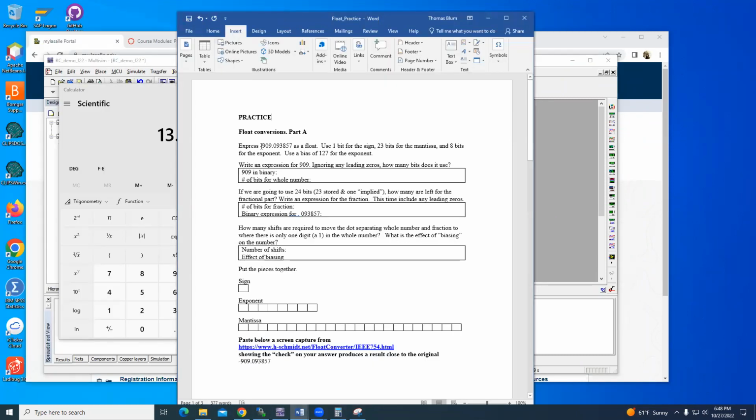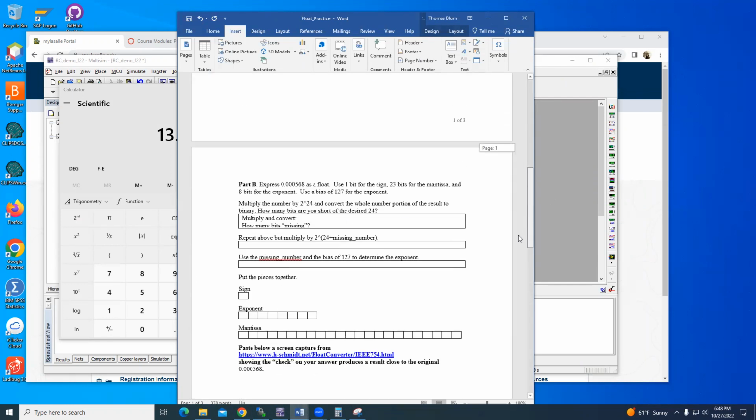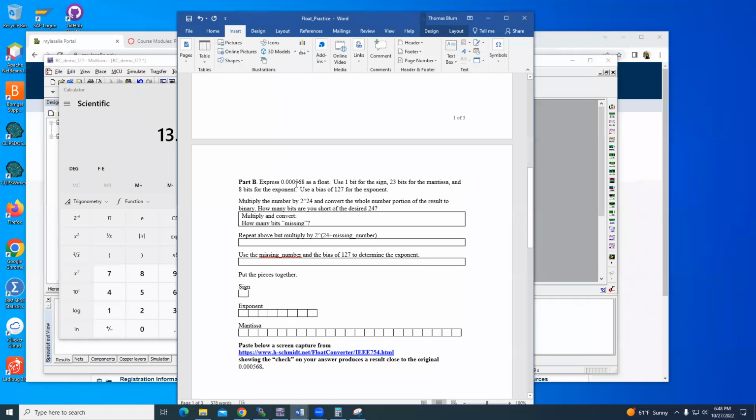So here's some negative 909.093857. Okay, so first thing I do is this one was negative, so I say the sign bit is 1. And then over here, the second one where the number was less than 1, the number is positive, so the sign bit is 0.